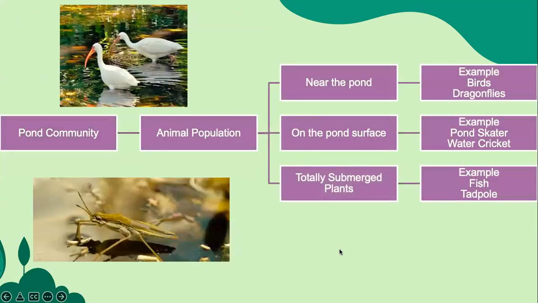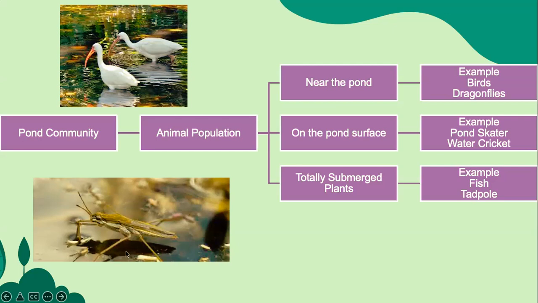After looking at the pond plant population, let's look at the animal populations. For animal populations, we classify into 3 different categories: near the pond, on the pond surface, and totally submerged. I made a mistake here. It should be underwater animals. So let me make some adjustment before we proceed.